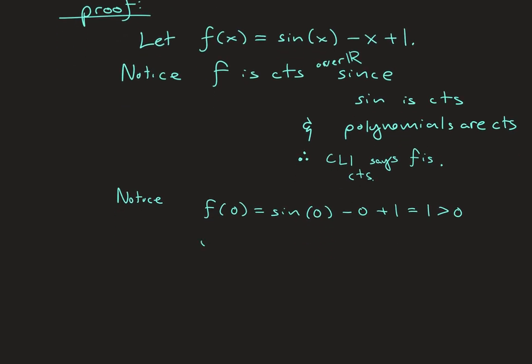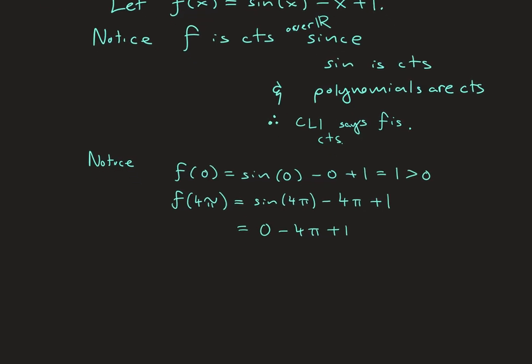Watch this. F of 4 pi is equal to sine of 4 pi minus 4 pi plus 1. Oh, but that is equal to 0 minus 4 pi plus 1.